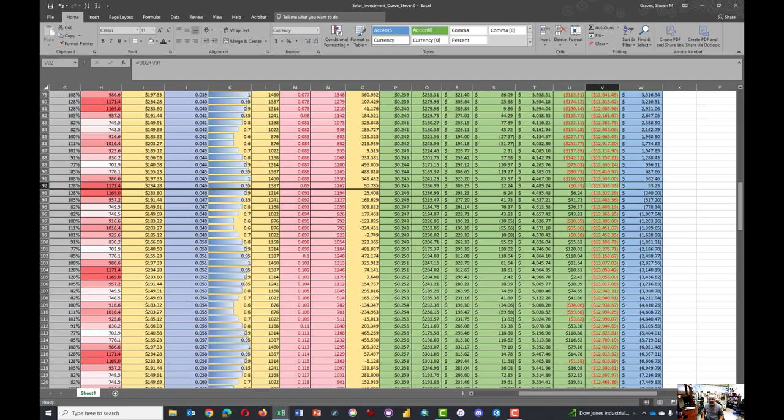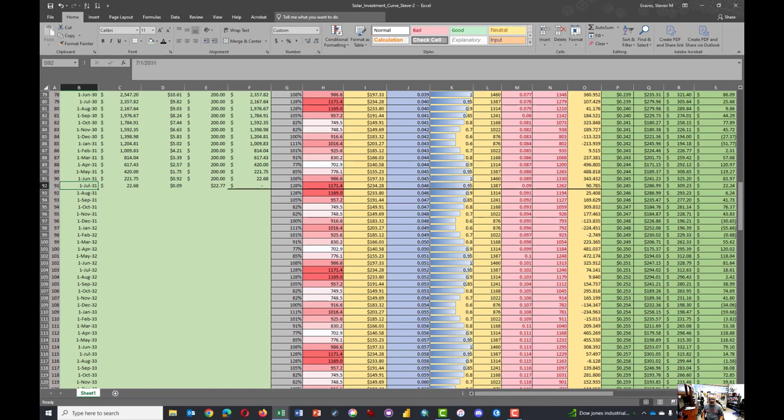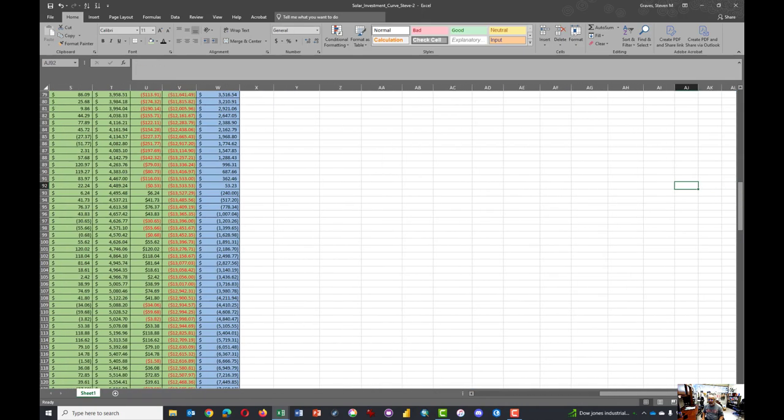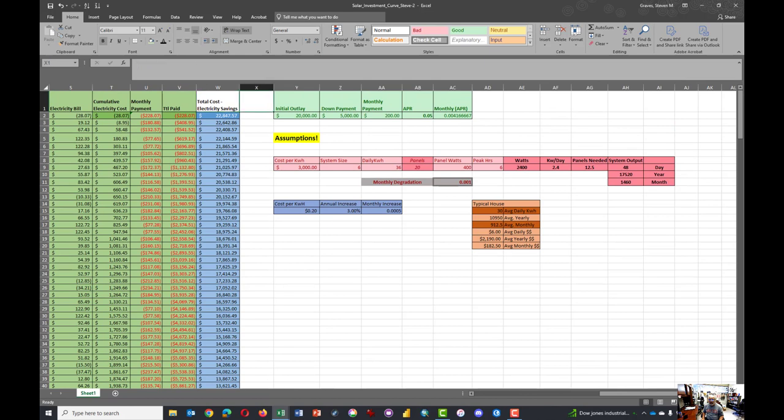The only thing you would have to be cognizant of is that we stopped calculating anything over here at a 5% interest rate and a $200 payment, etc. on the loan. Everything else, when you manipulate it over in your assumptions panel here, would change. Perhaps the daily kilowatt hour usage goes up or down, or the size of the system that you put on the roof or in the yard. All of these can be manipulated.